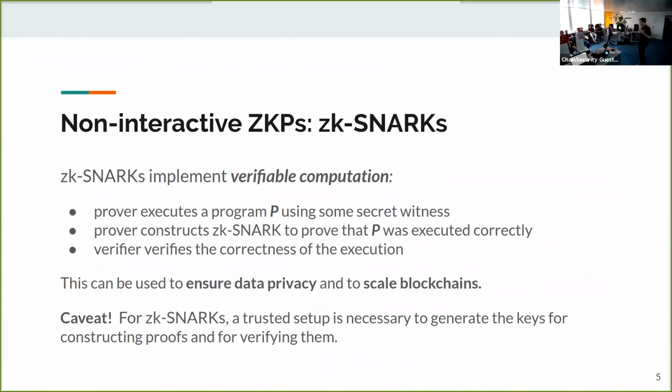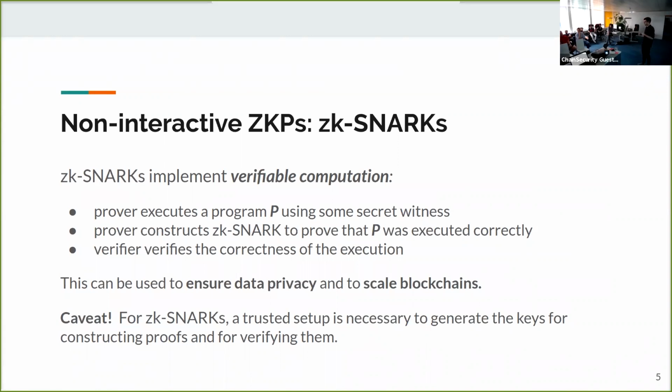These specific zero-knowledge proofs, ZK-Snarks, can be used to implement what's called a verifiable computation scheme. And verifiable computation, roughly, the setting is as follows. We again have a prover and a verifier, and we have some program. The prover would go ahead and compute this program, relying maybe on some secret witness. He obtains some output.